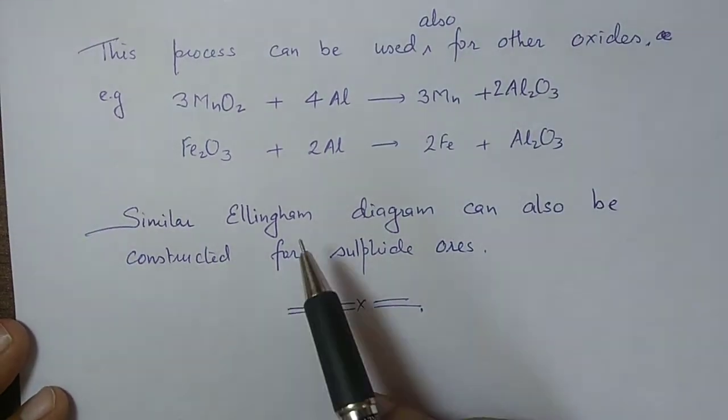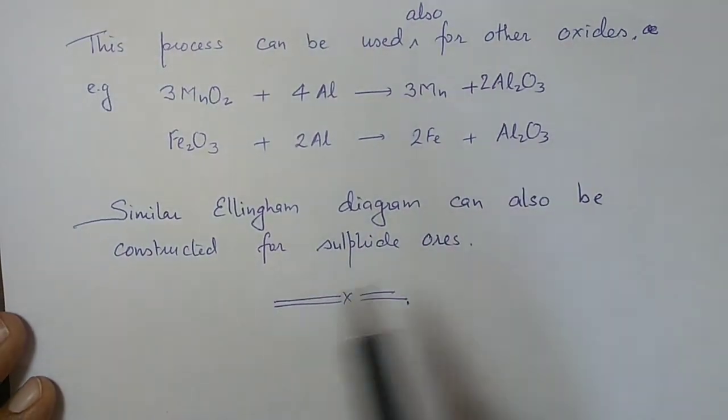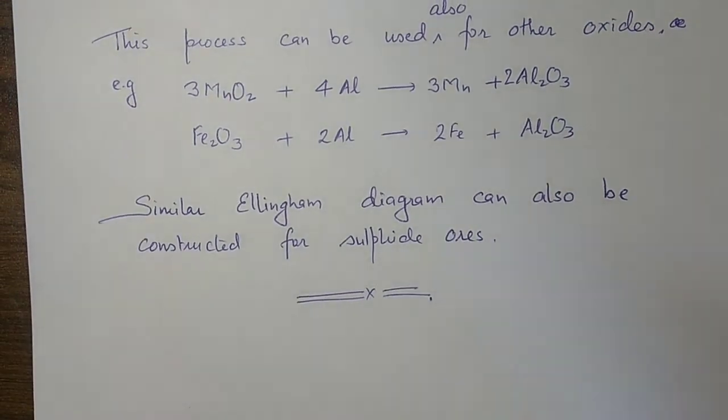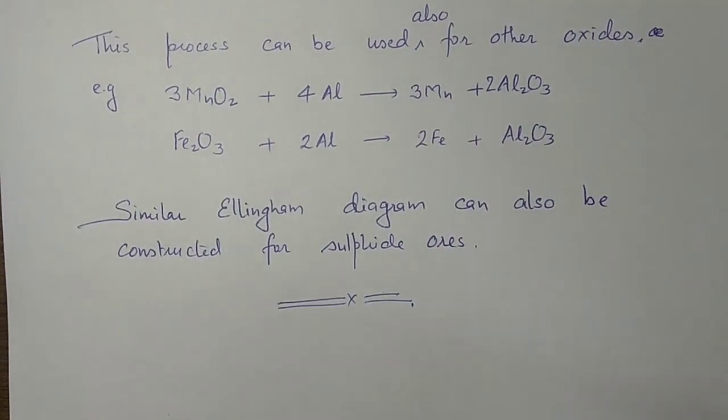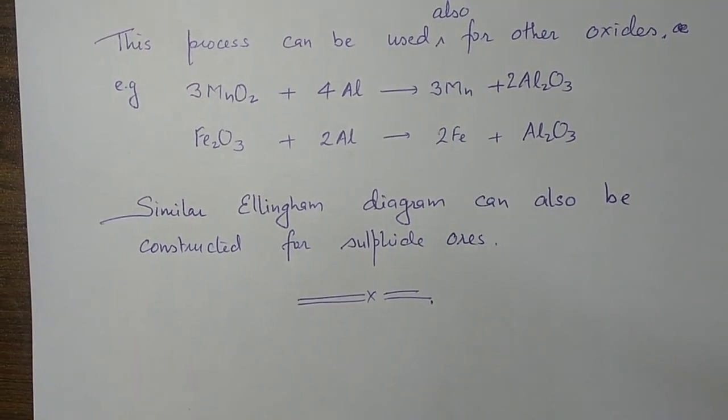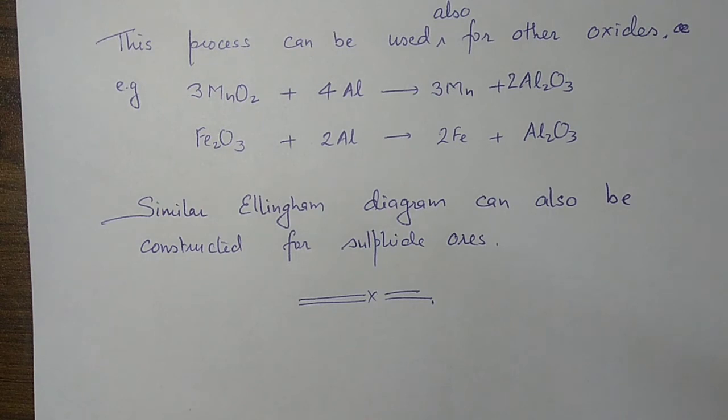A similar Ellingham diagram can also be constructed for sulfide ores. Thus, this Ellingham diagram is very important in metallurgical processes to predict different reducing agents and the temperature at which that reduction can be done.